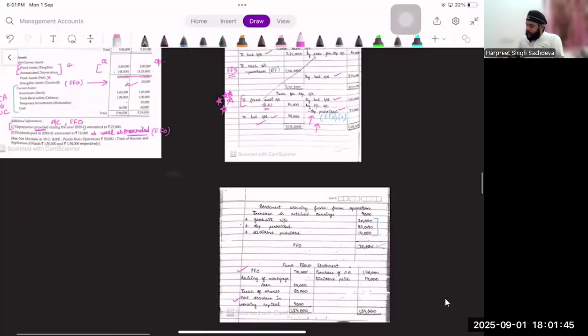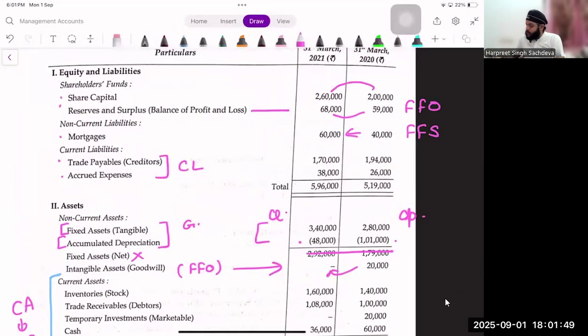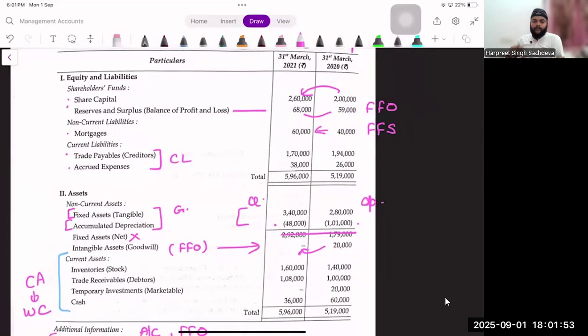Now we'll start back with the question. Share capital issued. Okay, issued. Source or application? You can write S or A. Yes, very good.